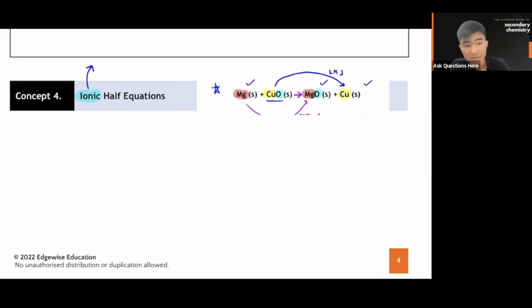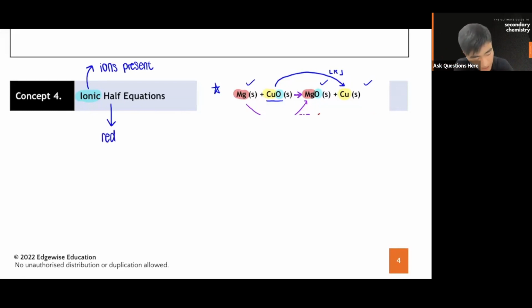Ionic simply means there must be ions in the equation, right? So I must have ions present in the equation. Now, half equation, on the other hand, refers to whether it is an oxidation reaction or a reduction reaction. So you see redox reaction is together, and I break it into reduction and oxidation.